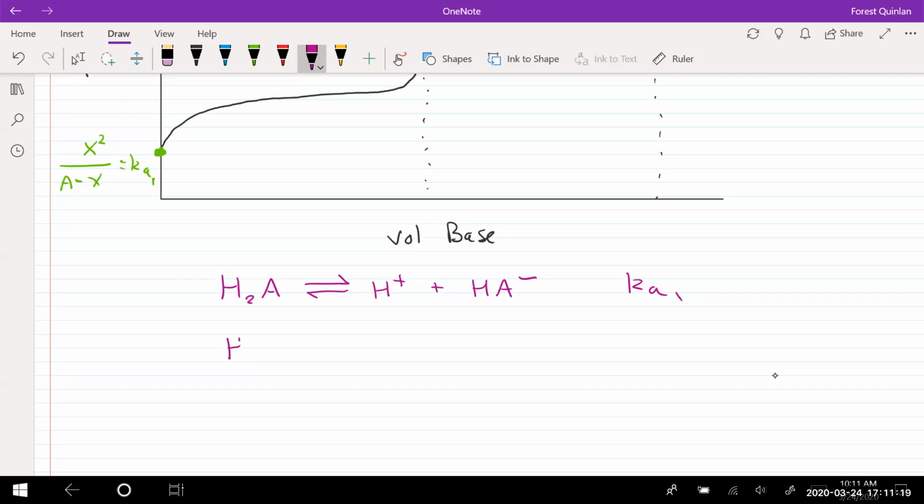The second H will be HA minus, going back and forth to give us H plus and A with a 2 minus charge. That will have its own equilibrium, Ka2. So that's the reason why I'm annotating that x squared over A minus x equals Ka1. Does anyone not remember how I got there?